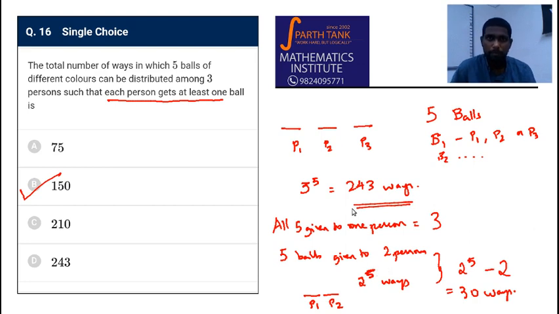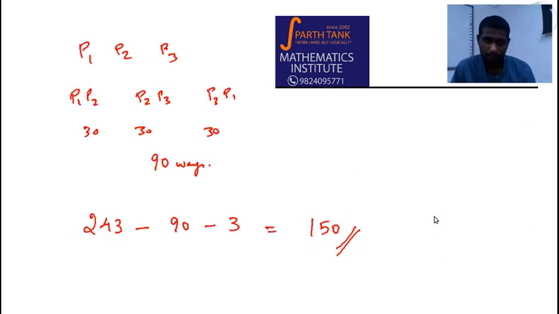Right? 2 people means P1 and P2 take all the 5 balls like this. So that is 2 power 5 ways. But in that 2 power 5 ways, 2 ways mean all 5 balls will go to 1 person alone. So to find out only the ways in which 2 people have the balls, you have to remove this 1 person having the ball in this situation. That is minus 2.